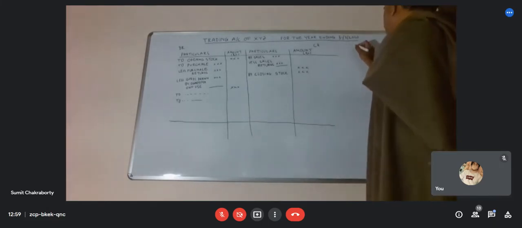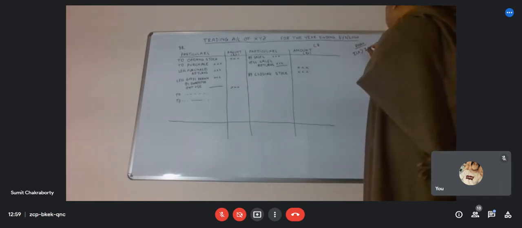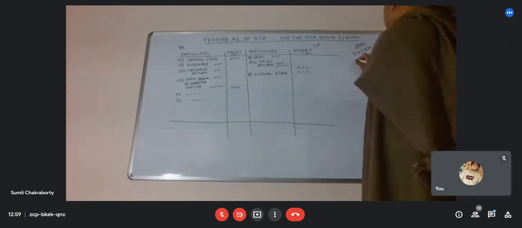Now in the rough work, calculate sigma credit and sigma debit. If sigma credit is greater than sigma debit, it is gross profit.